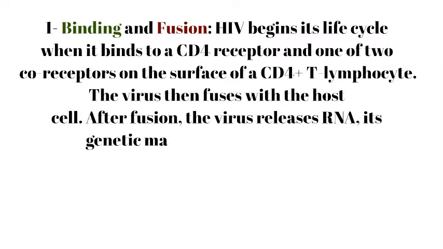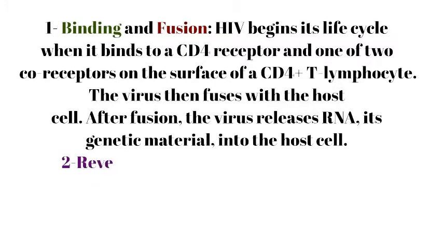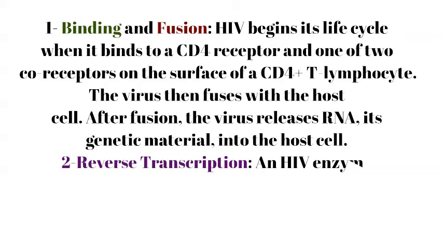Okay, so now let us look at reverse transcription. An HIV enzyme called reverse transcriptase converts the single-stranded HIV RNA to double-stranded HIV DNA. This is done with the help of the enzyme reverse transcriptase.